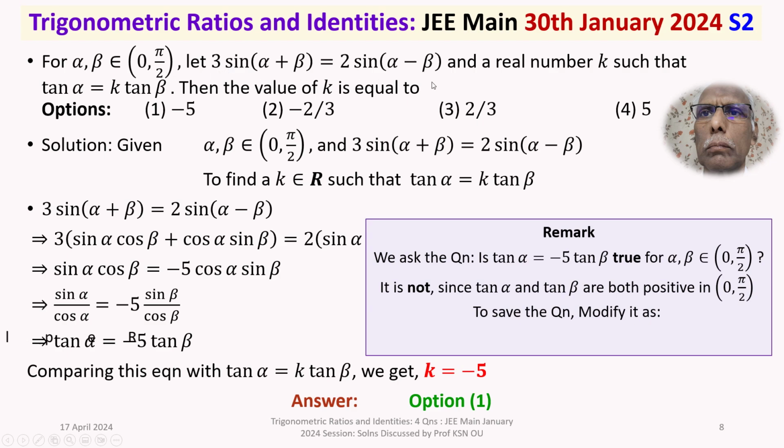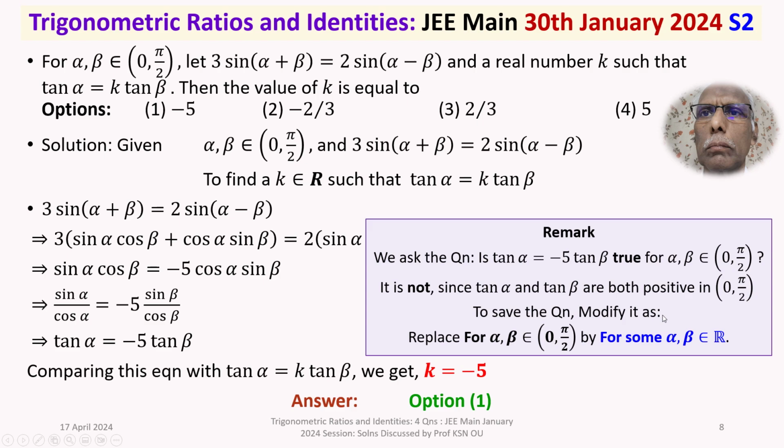So replace the phrase for alpha, beta belongs to 0 to pi by 2 in the question by the phrase for some alpha, beta belongs to the set of real numbers, then this works, and the answer is the same. That is the remark I make, and that is the modification I suggest.